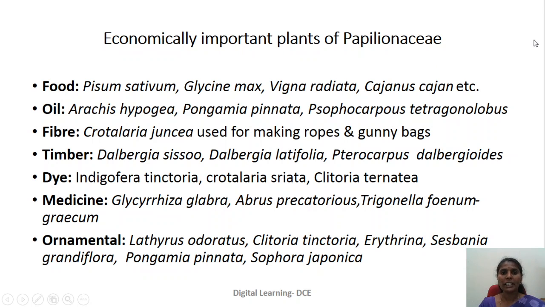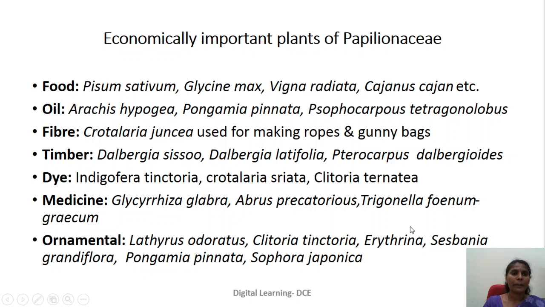Coming to the economically important plants of Papilionaceae. As I already mentioned, Papilionaceae is of great economic value since it provides plants for food, oil, fiber, timber, dye, medicinal plants as well as ornamental plants.